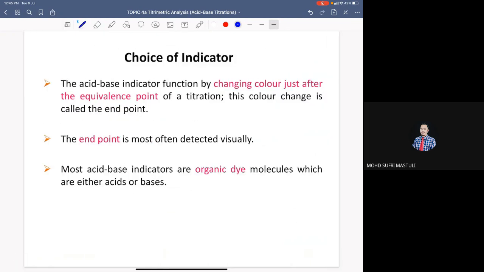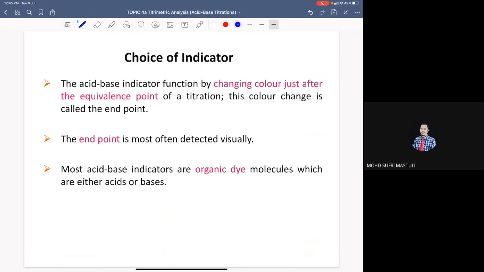Okay, so if you still remember, in the titration we use an indicator. The indicator is added to the analyte in the conical flask. So now we learn a little bit about the indicator. The acid-base indicator functions by changing color just after the equivalence point of the titration.